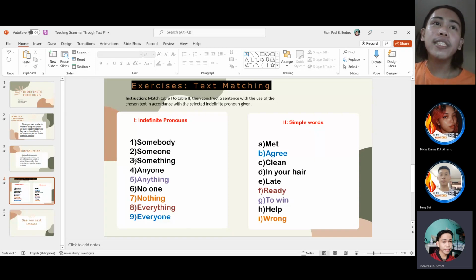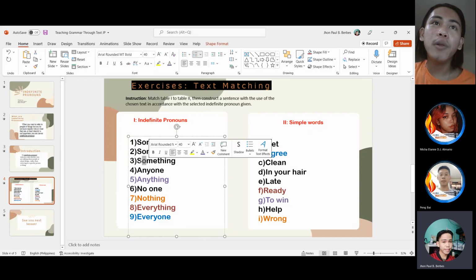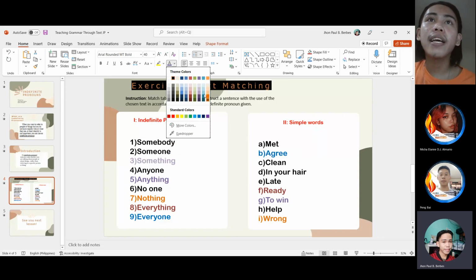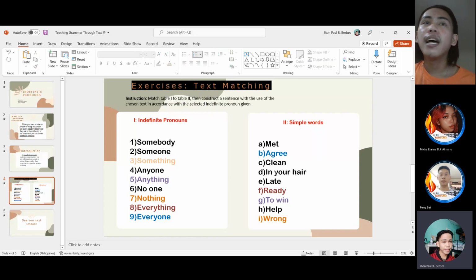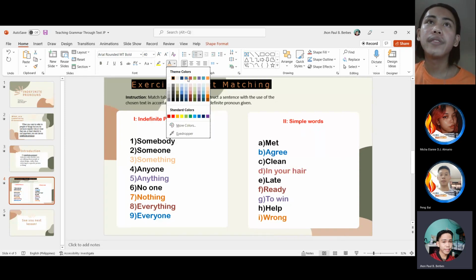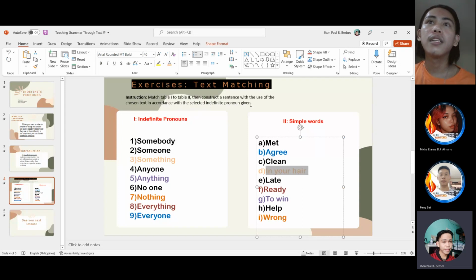So she uses "something" in table one, in the group of indefinite pronouns, and then "in your hair" as a prepositional phrase.